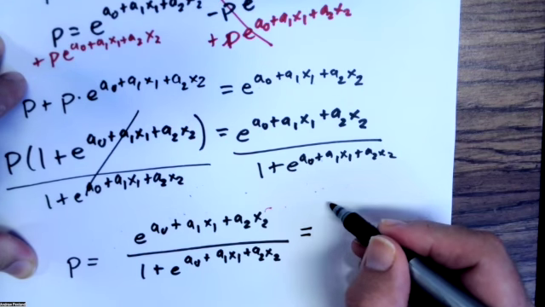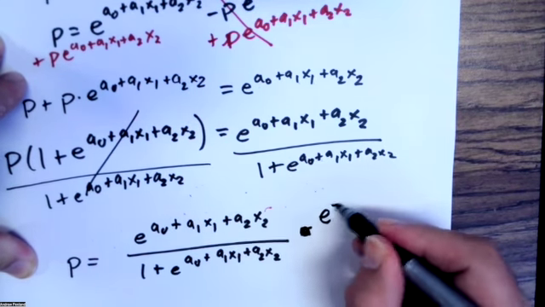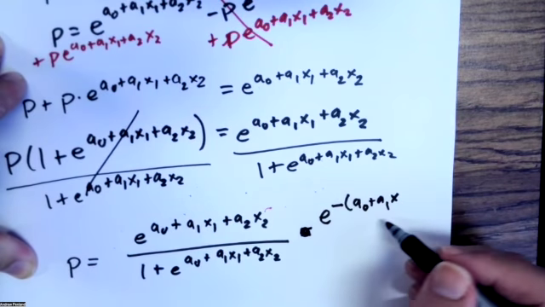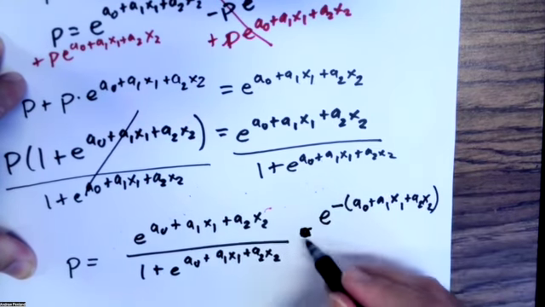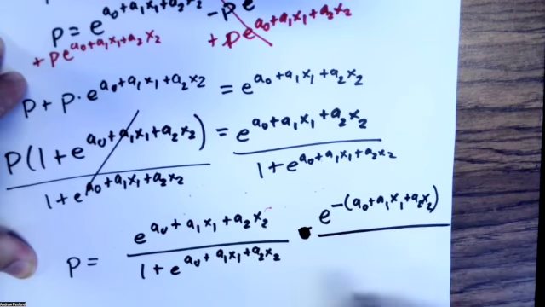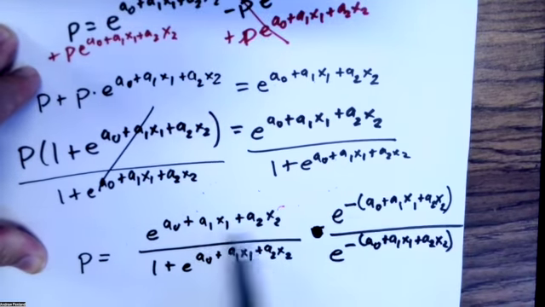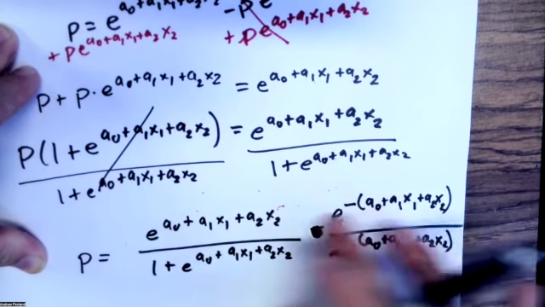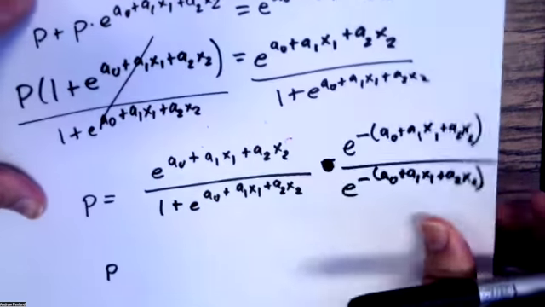But I could multiply this through by the multiplicative inverse, which would be e to the negative a0 plus a1 x1 plus a2 x2. And as long as I do the same thing to top and bottom, that is totally legal. Do you agree? Now, when you combine these, the exponents add to give you e to the 0 on top, which means I just have a 1 in my numerator.